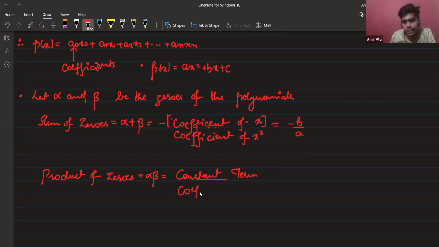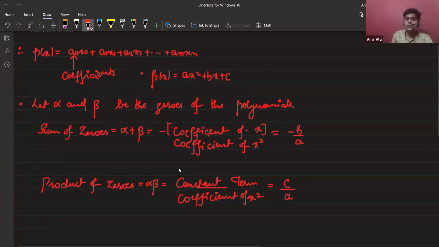Coefficient of x square. Very good. Constant term upon coefficient of x square, which is basically c by a. So, dear, these are the two relations between the coefficients and zeros of the polynomial. Yes or no?